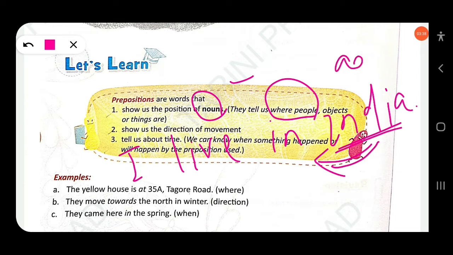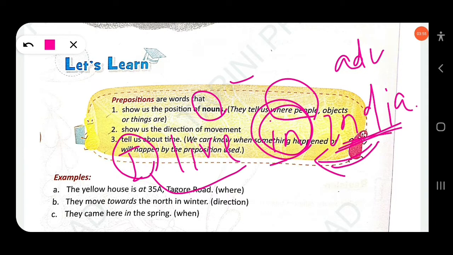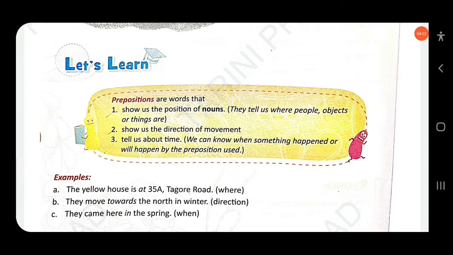India is a noun, and the preposition is used before it. Similarly, it tells more about where the people, objects or things are.